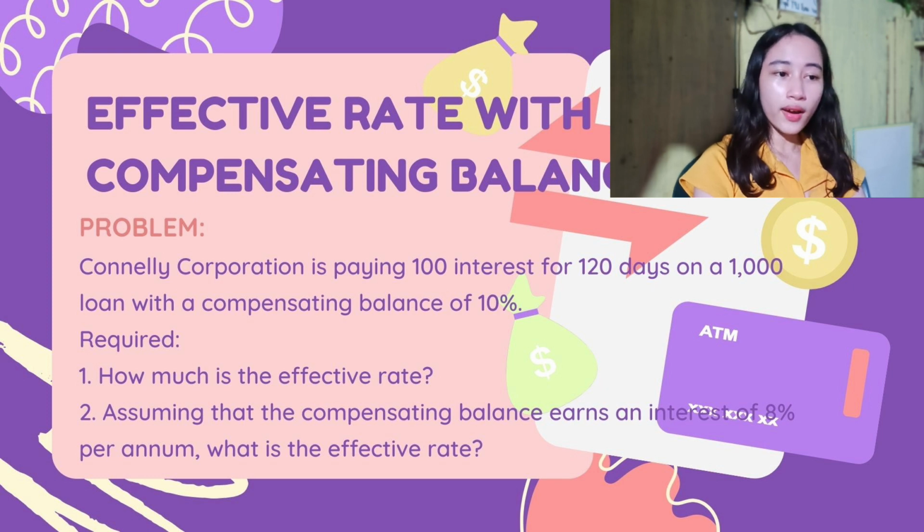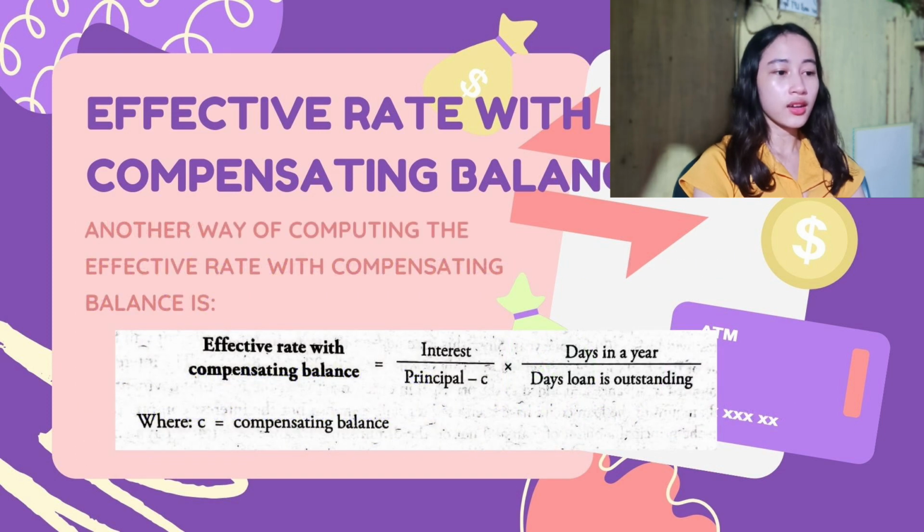Required: how much is the effective rate? Second, assuming that the compensating balance earns an interest of 8% per annum, what is the effective rate? Our formula here is the effective rate with compensating balance equals interest divided by principal minus C.